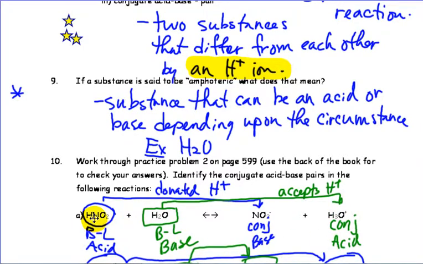So when NO2 before turns into NO2 after, you can see it lost an H. It donated an H somewhere else. So it's the BL acid. And if I was going in reverse, it would be behaving as a base because it receives an H to become HNO2. So you can see an acid is always paired up with a base and vice versa.